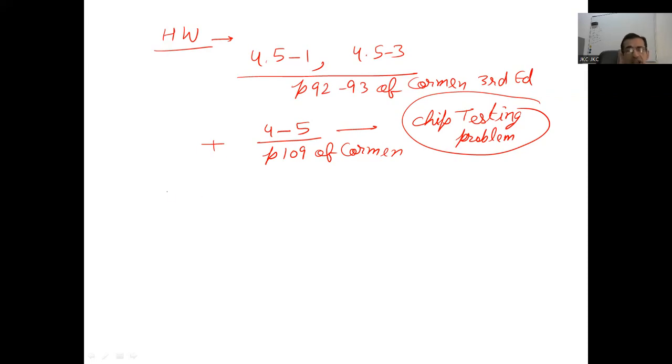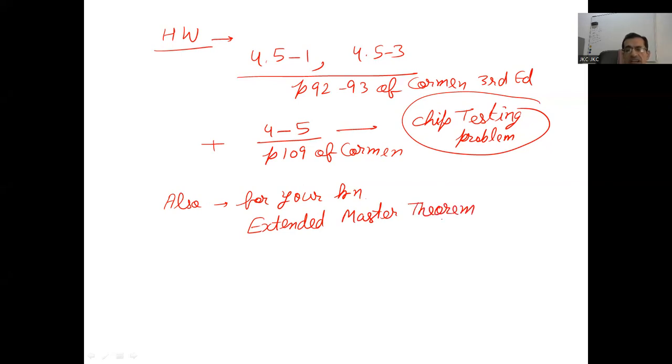So do this, and also for your practice and knowledge, there is a concept of the extended master theorem, for the cases when the normal master theorem was not applicable, as we have already said that in case 1 polynomially smaller was needed, in case 3 polynomially larger as well as the regularity condition was needed.